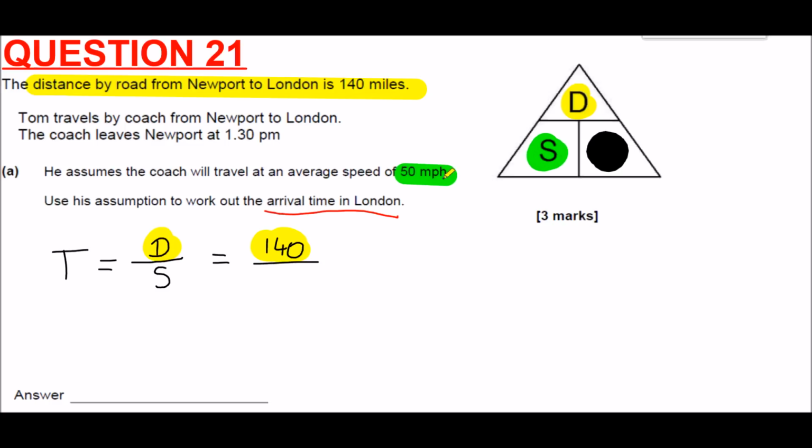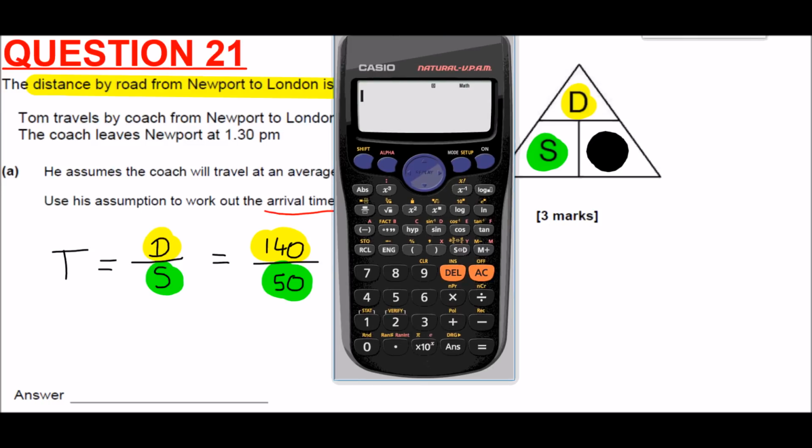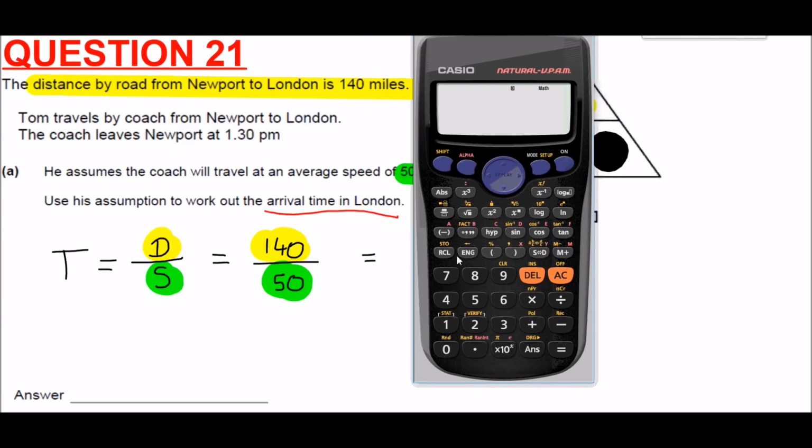The speed units mention hours, so if we put in a unit of speed which has hours in it, hours will come out. And so the unit of time we're going to find here will be in hours. So 140 divided by 50 will give us the time taken in hours. So 140 divided by 50 equals 2.8 hours.